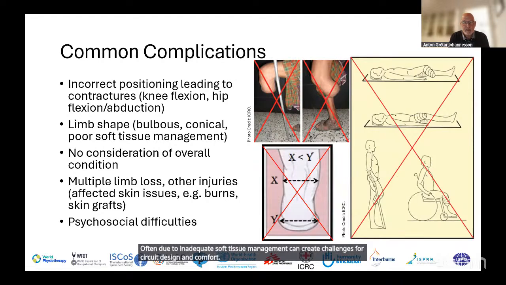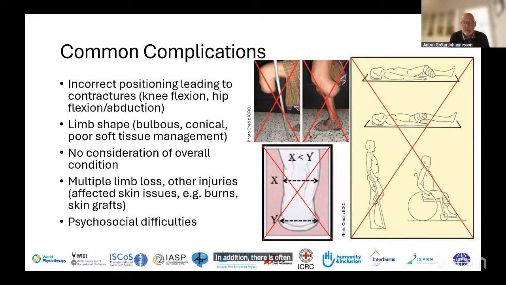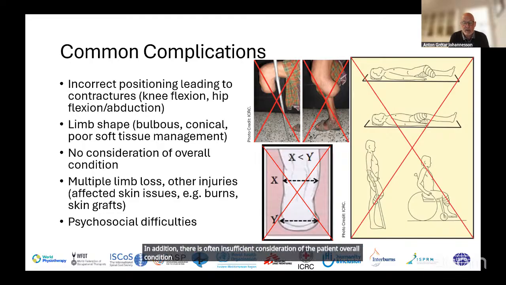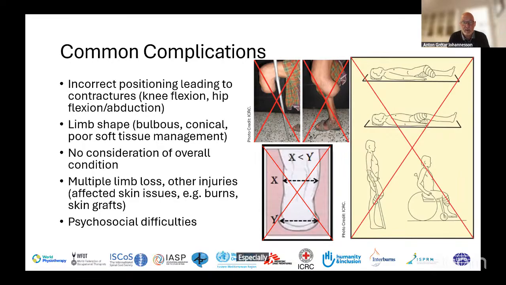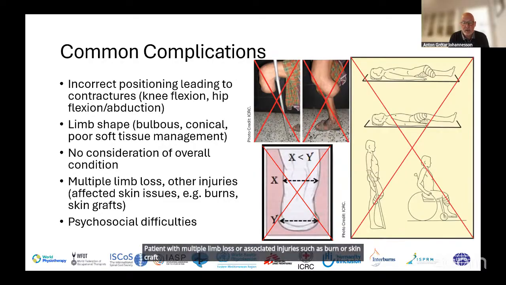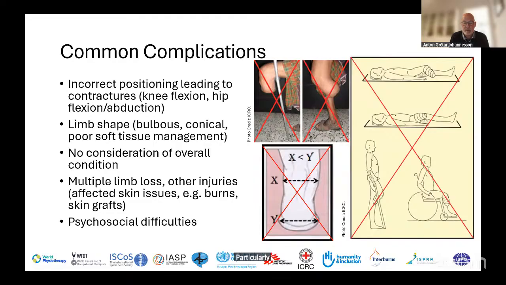In addition, there is often insufficient consideration of the patient's overall condition, especially in case of multiple injuries. Patients with multiple limb loss or associated injuries, such as burn or skin graft, present additional complexity, particularly regarding skin integrity.